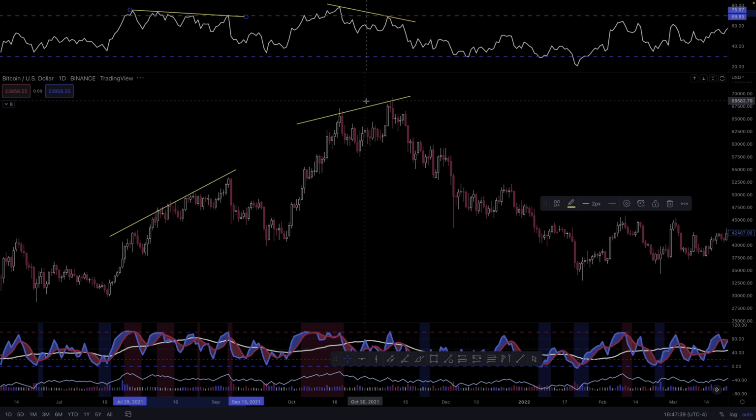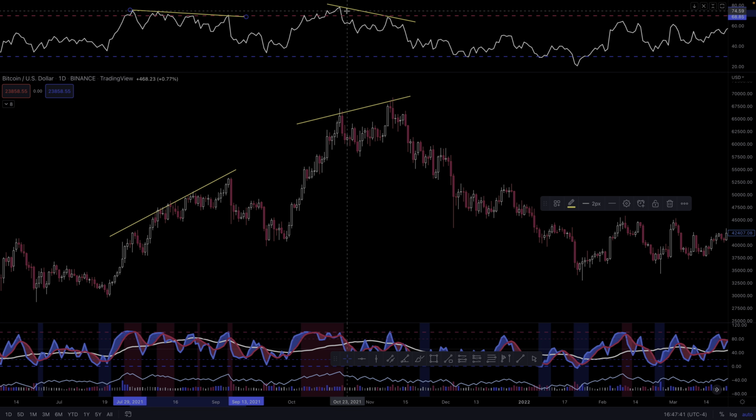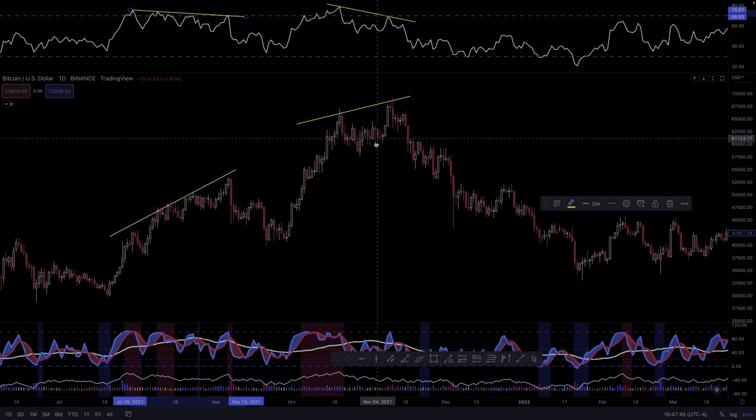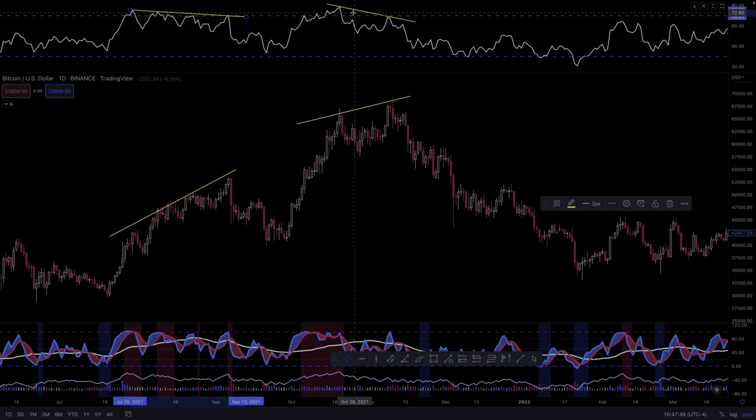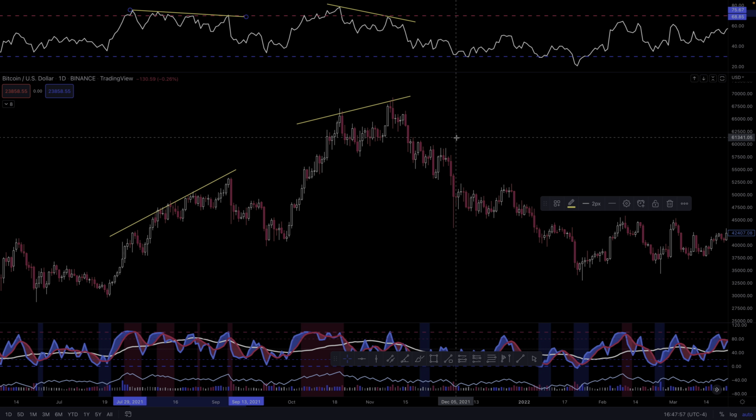So as this price continues to go higher, there's less conviction behind it. When you see this, it's a good sign that maybe we might be reversing soon. Maybe this thing is ready to pull back at the very least.